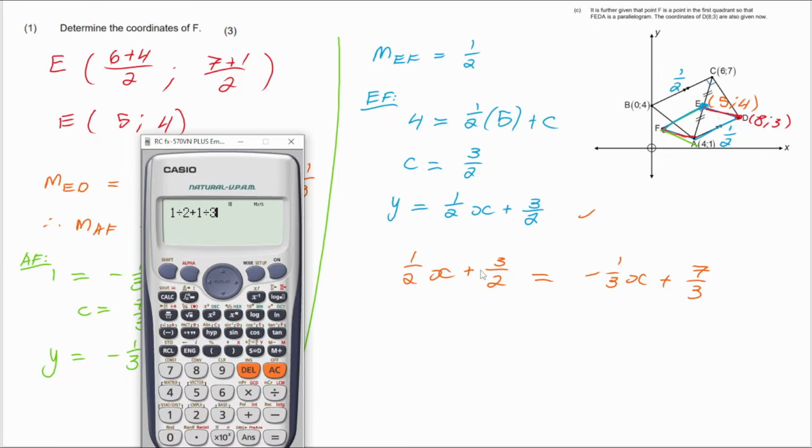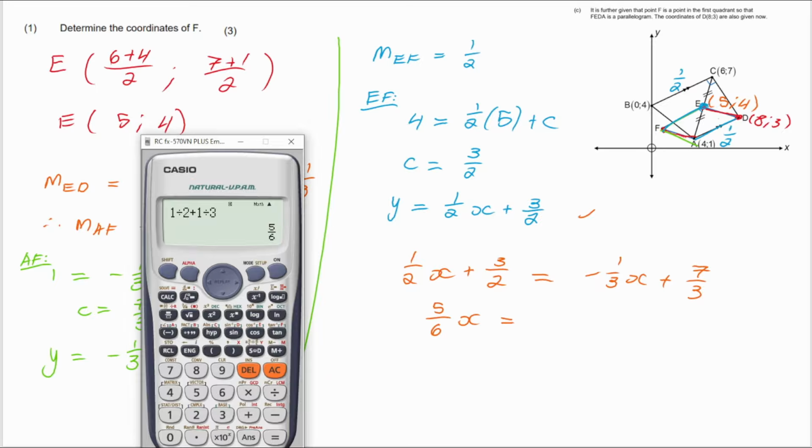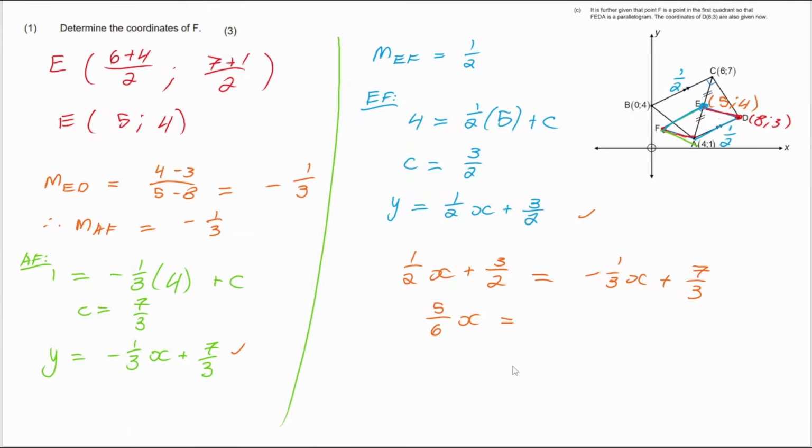Okay, it becomes a plus because it goes to the other side. It's 5 over 6. So 5 over 6 x is equal to, and then what I'll do is 7 over 3 minus 3 over 2. And that's 5 over 6. Okay, so that's quite convenient. So obviously x is just 1. Okay, so x is 1.